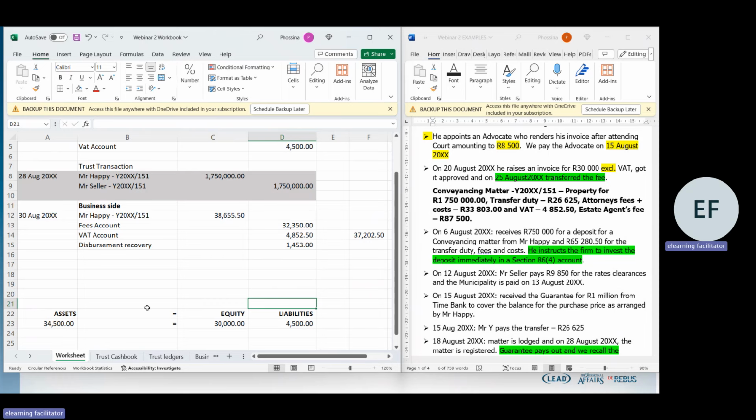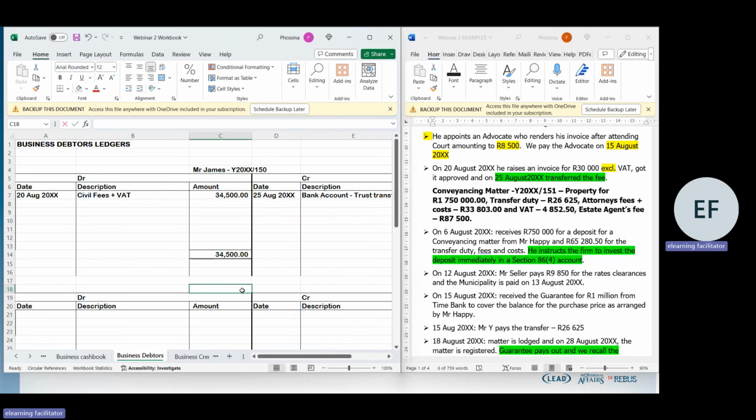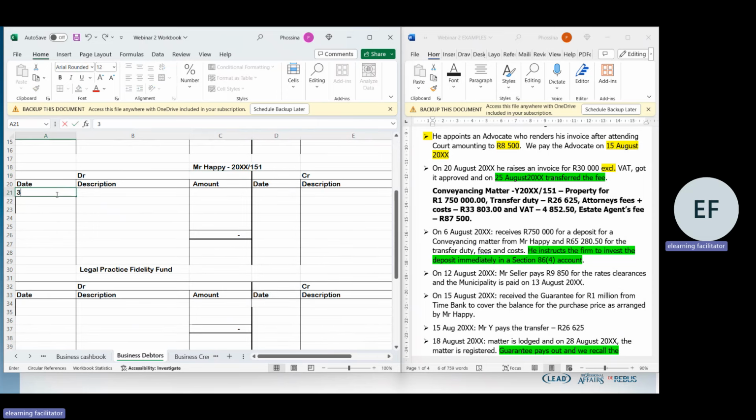To record this on the business side, we are going to record in our business debtors account. It's Mr. Happy, file 20XX stroke 151. Here's our date, 30 August 20XX.